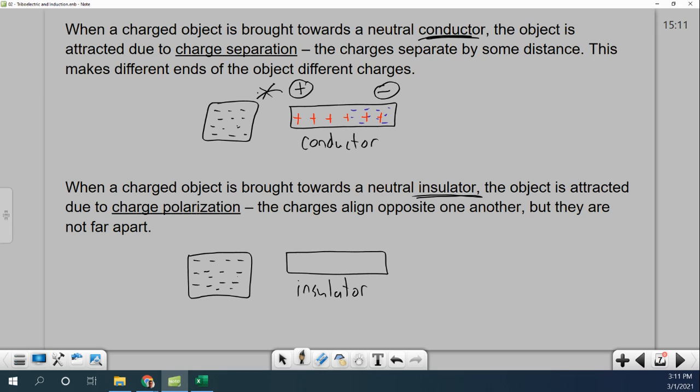So what ends up happening in an insulator is if you were to picture your atom, positive charge center, electrons on the outside. Well, if I bring a negative charge close to this atom, I end up with the positive charge center and all my electrons on the far side. They repel. They can't escape. They can't move to the far side because they're stuck there.